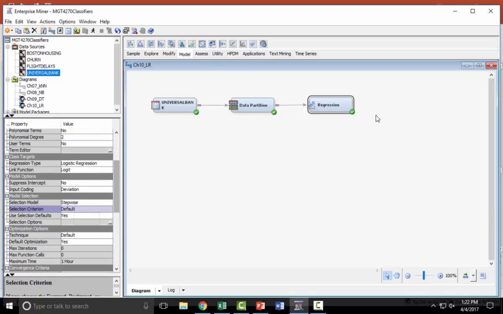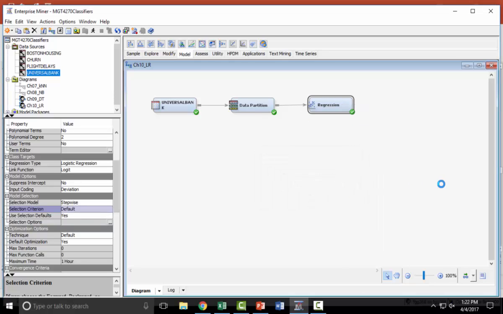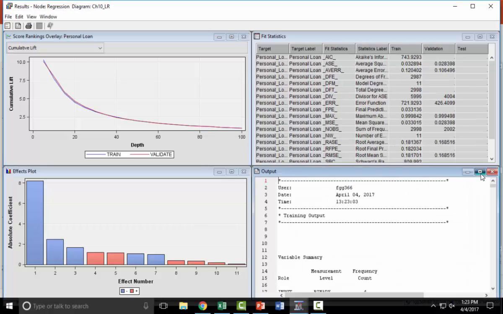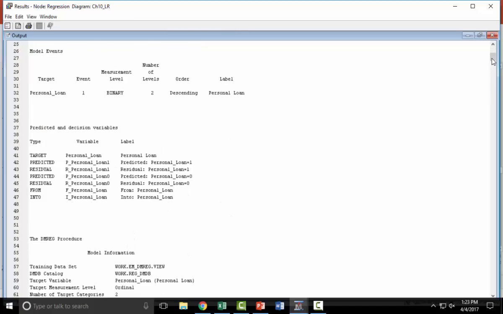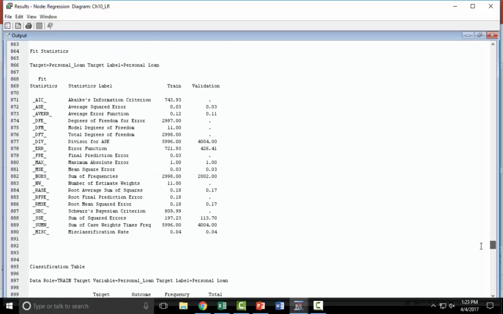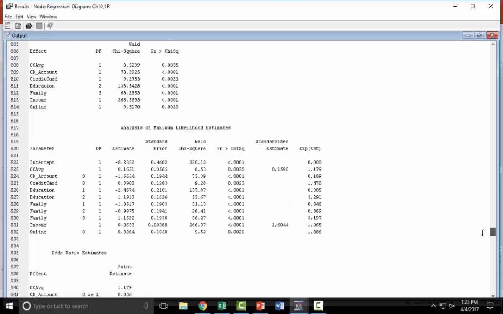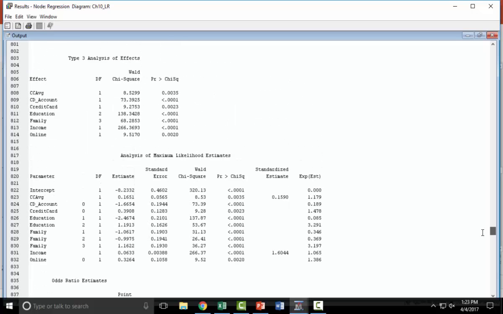So now, having selected stepwise, now run the regression. Go all the way down, so you have the estimates right here.